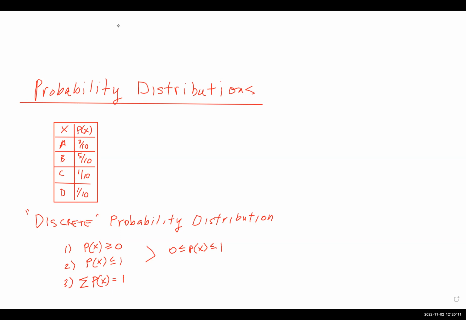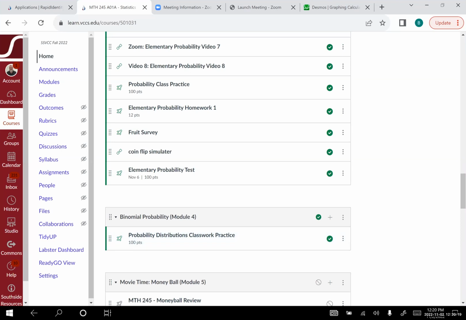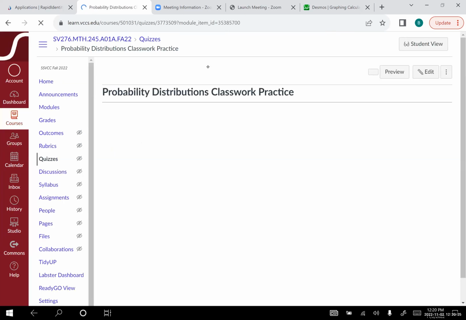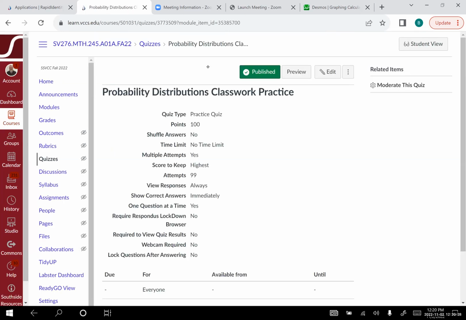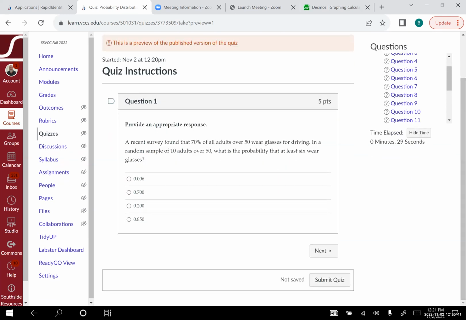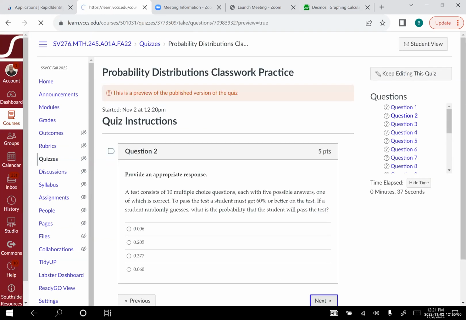All right, let's look. I have another one of these practice sheets in here, which is just an old document. Well, it's an older quiz. I was afraid of this.